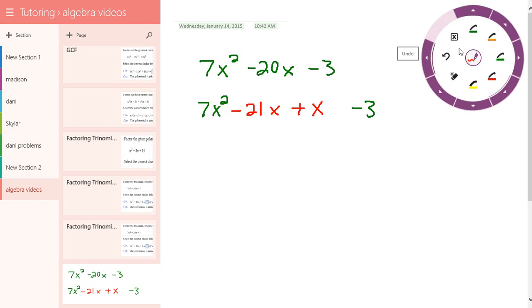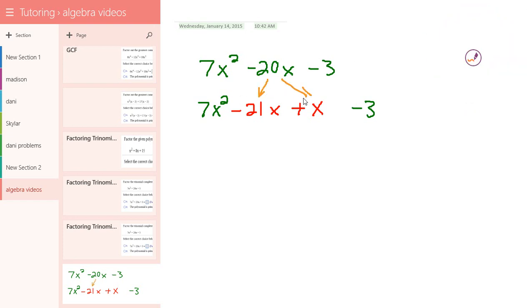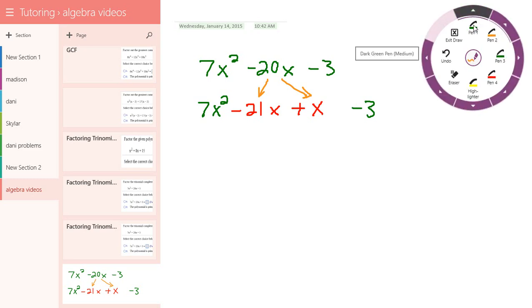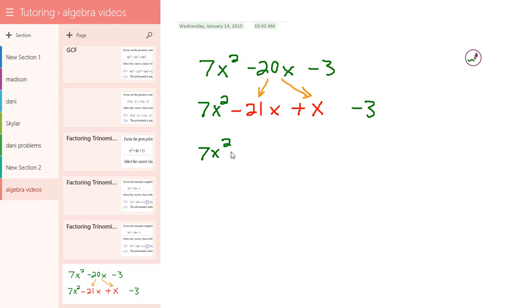Then you break up the minus 20x into those two pieces. And now it becomes 7x squared minus 21x plus x minus 3.